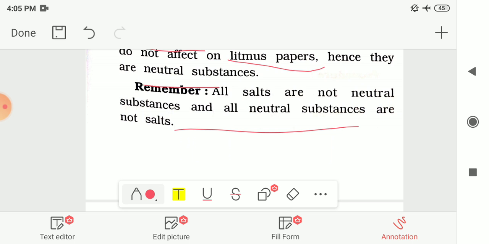However, they show the basic property on the litmus paper, so they are not neutral towards the litmus paper. Whereas neutral substances like sugar solution or glucose are neutral but they are not salts. Glucose or sugar is not salt. So this thing you have to remember.